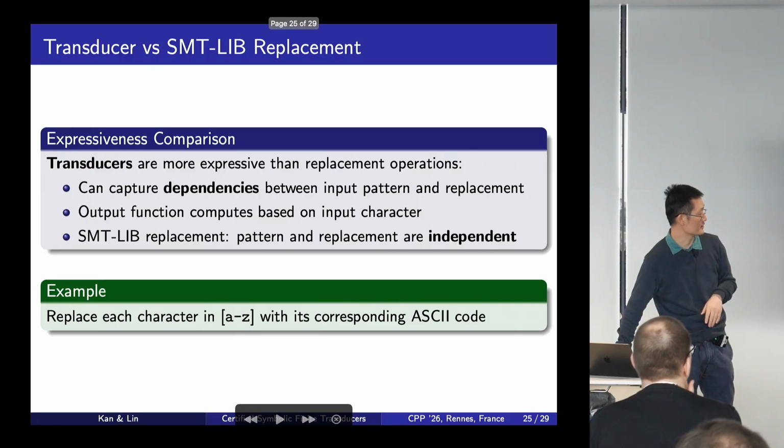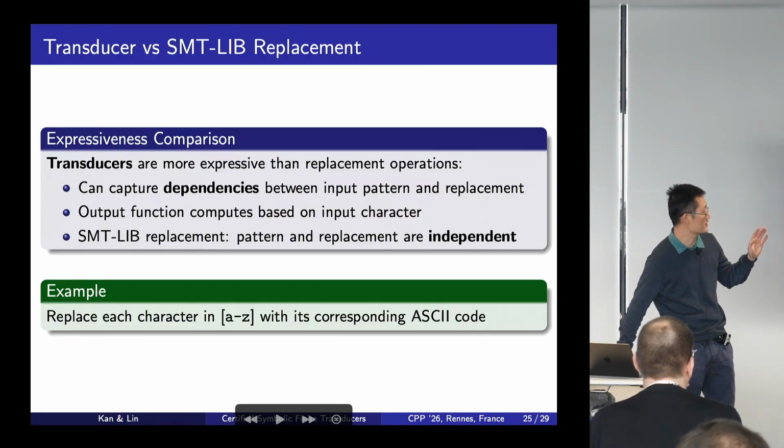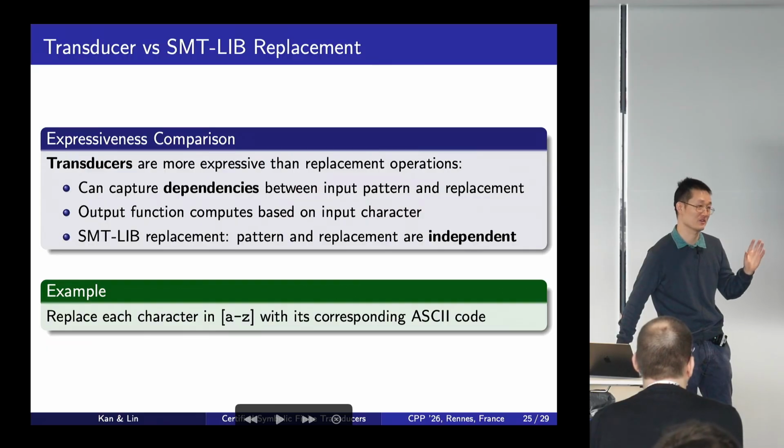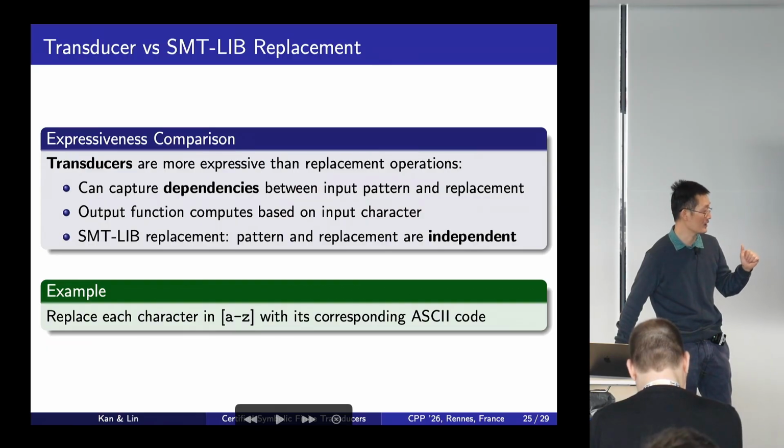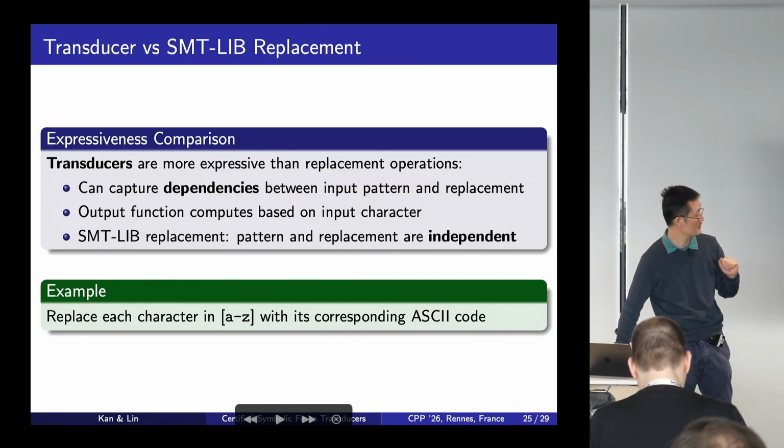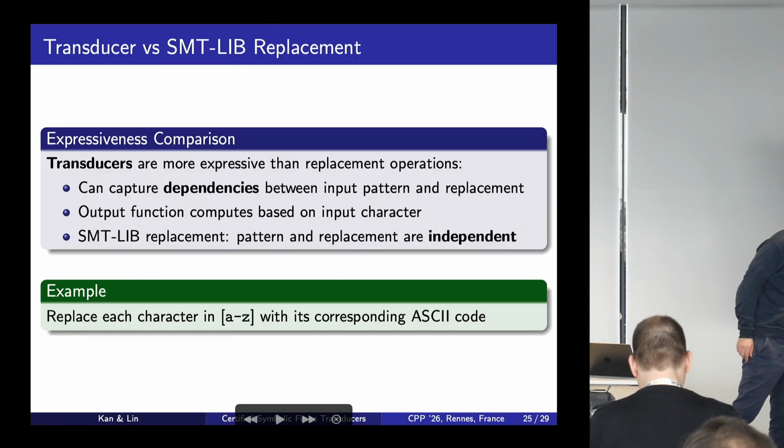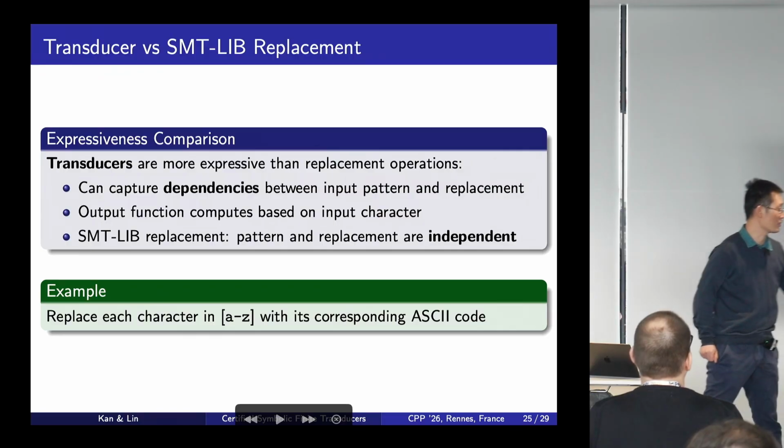So finally, I just want to show the expressiveness comparison with transducer. This is something talked about in the SMT-LIB community: whether SMT-LIB should support transducers directly instead of replacement. I give an example: replace each character in A to Z with its corresponding ASCII code.